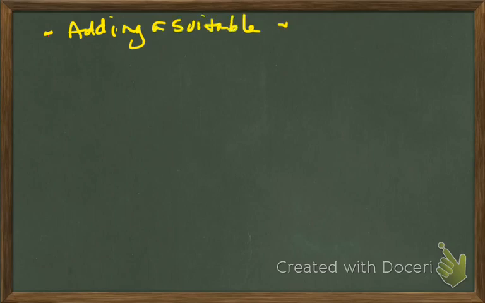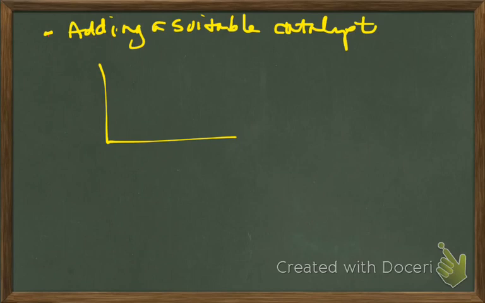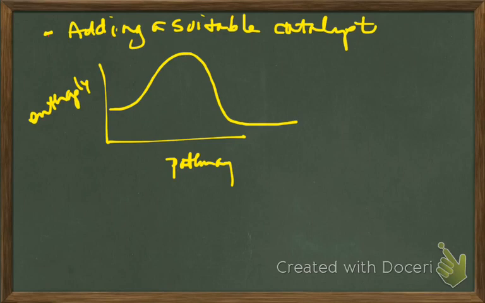Okay, and then another thing that's going to increase the rate would be adding a suitable catalyst. Okay. And if we look at this enthalpy diagram again, normally your EA is here, activation energy.